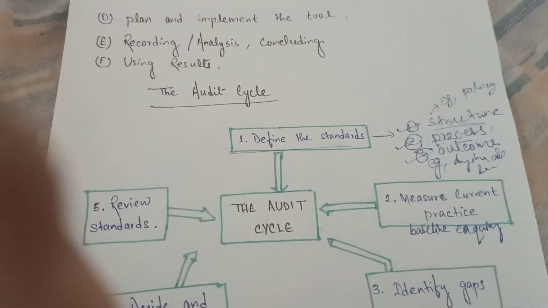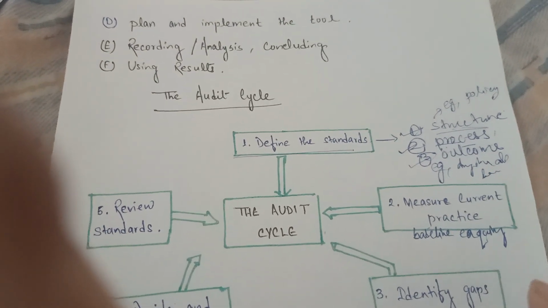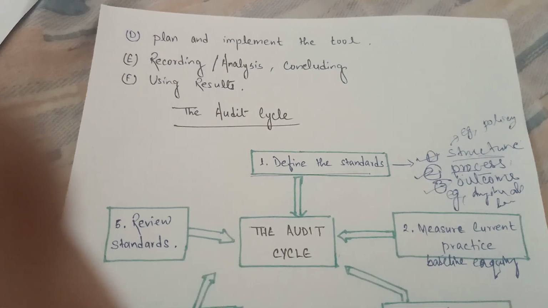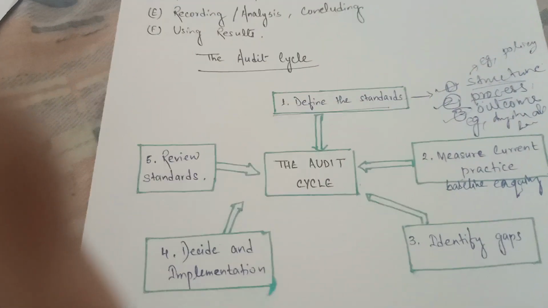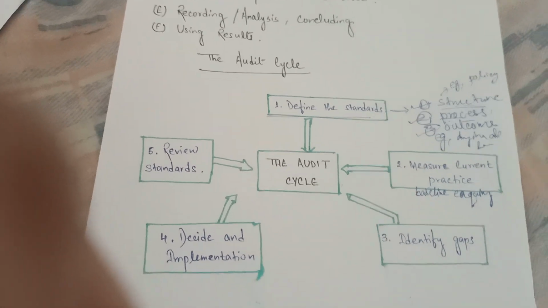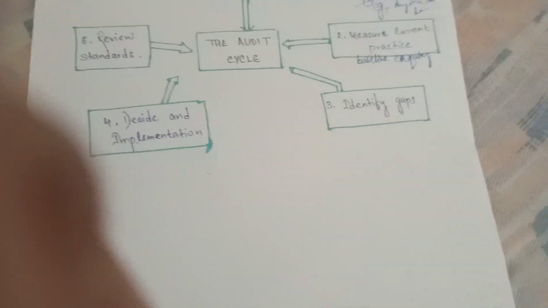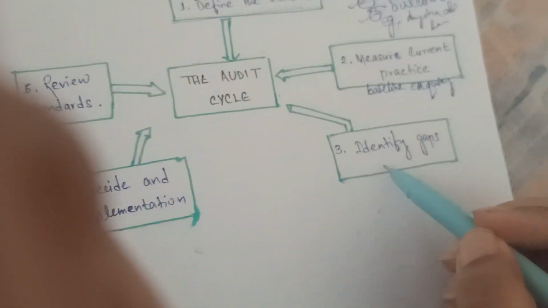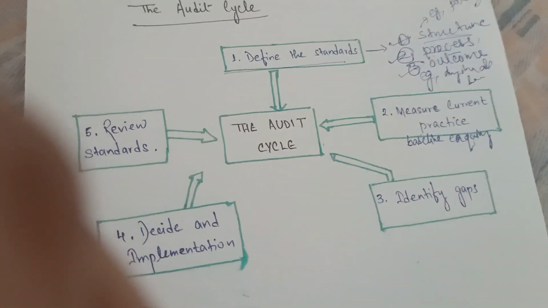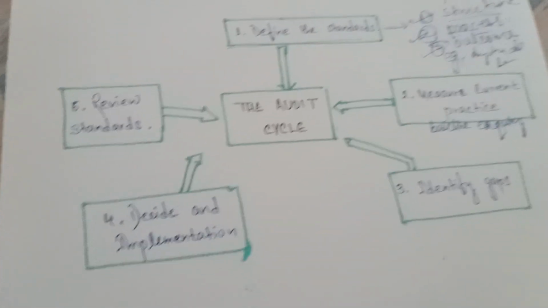So for improving quality of patient care, a baseline inquiry is carried out to identify problems. Okay, and the third one is identify gaps in service provision. So we have to identify the gaps, which problem is there.